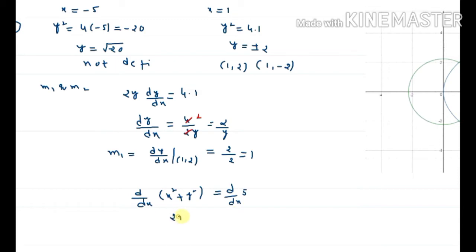The derivative of x square is 2x plus 2y into dy by dx is equal to 0, since the derivative of a constant is 0. Again I can cancel 2 on both sides. From this I will get y into dy by dx is equal to minus x.